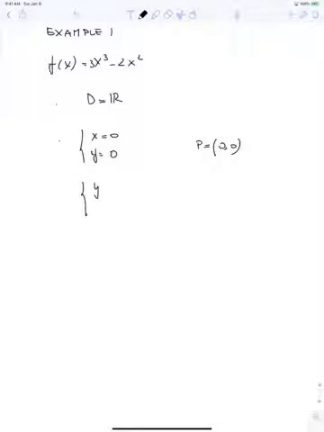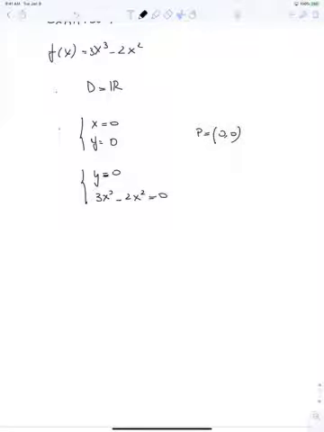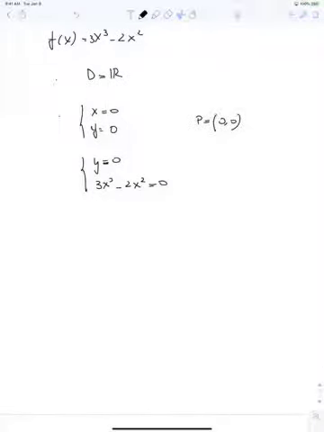Then we impose f of x equal to 0 and we want to determine the values of x. So we have 3x cubed minus 2x squared equals 0. We can solve this equation in a very simple way. We can factor out x squared, so we're left with x squared times 3x minus 2 equals 0.